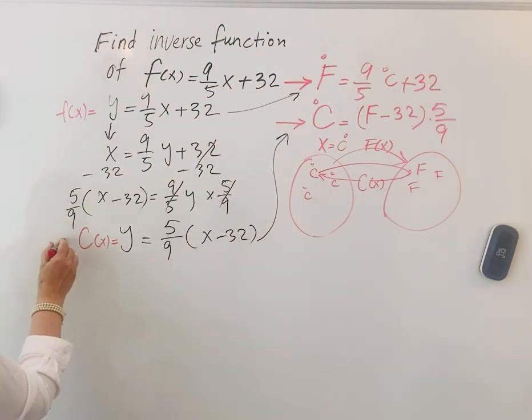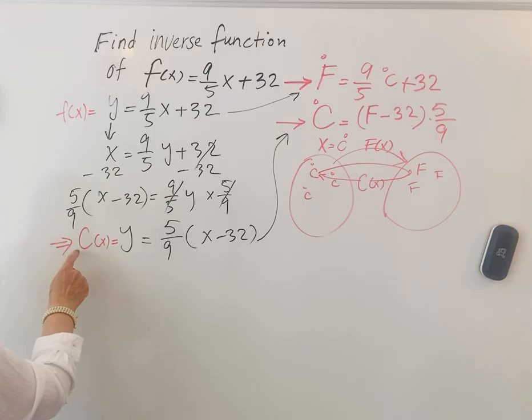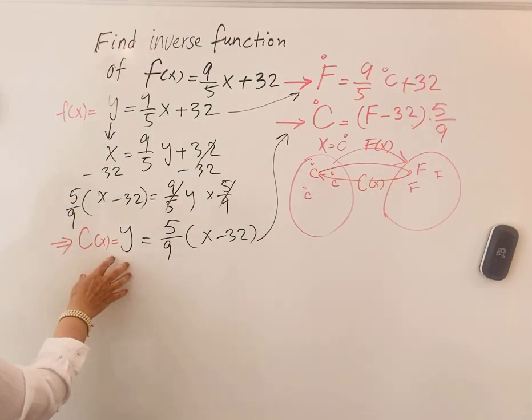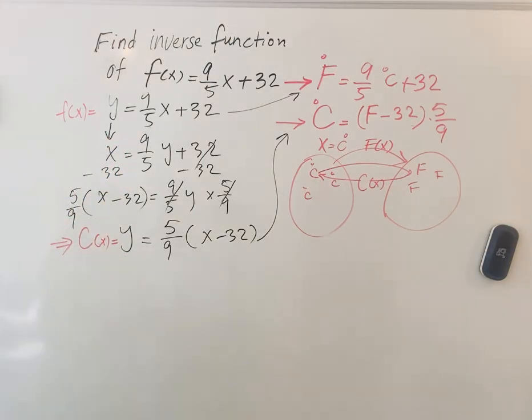Now the question is, are these two functions inverse to each other? We found this one as an inverse, but we need to check. How can we check this? By composition of functions, one function inside another function.